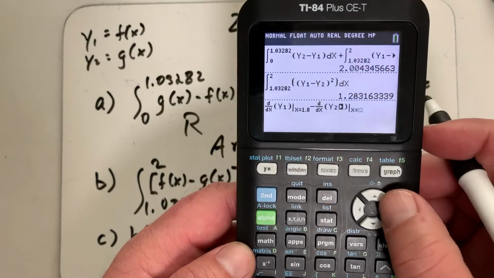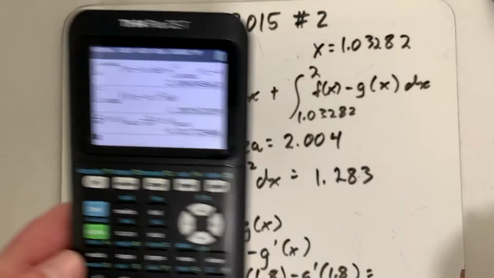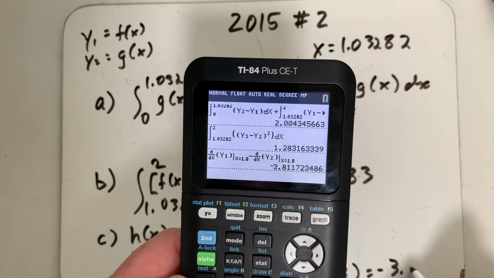Here we go. And that is also at 1.8. So we get our answer right there at negative 3.812.